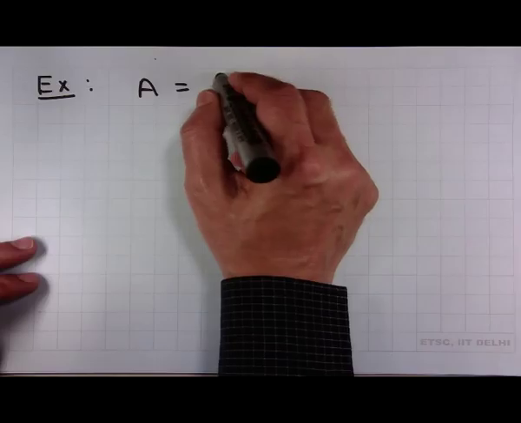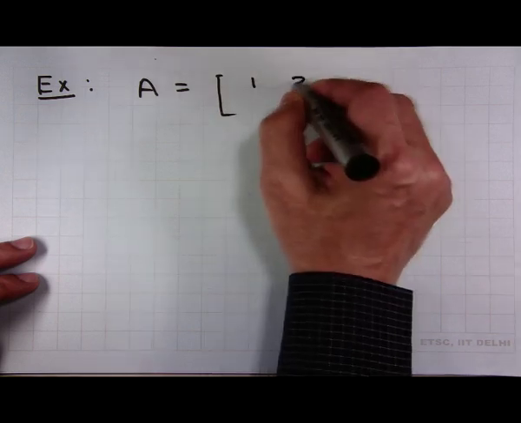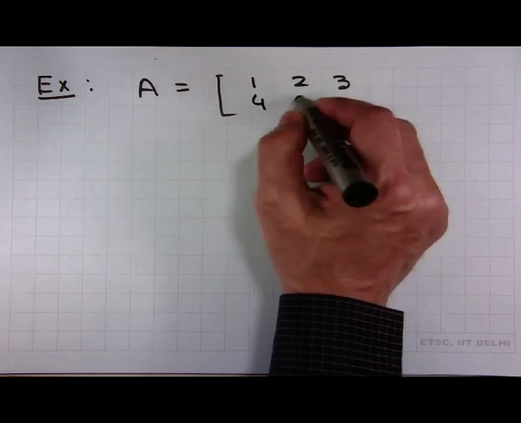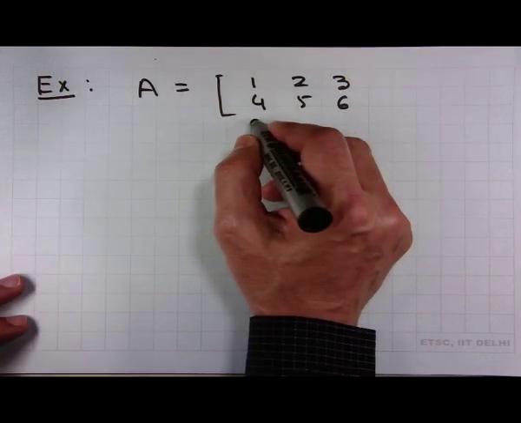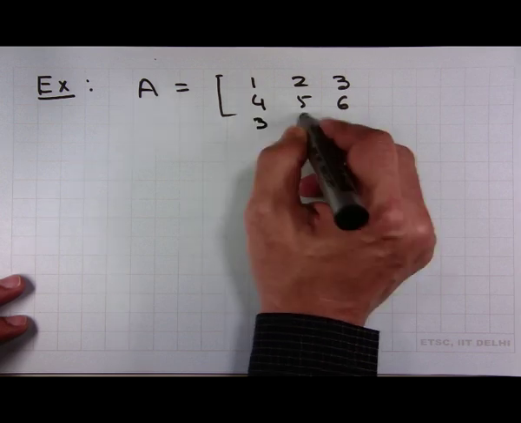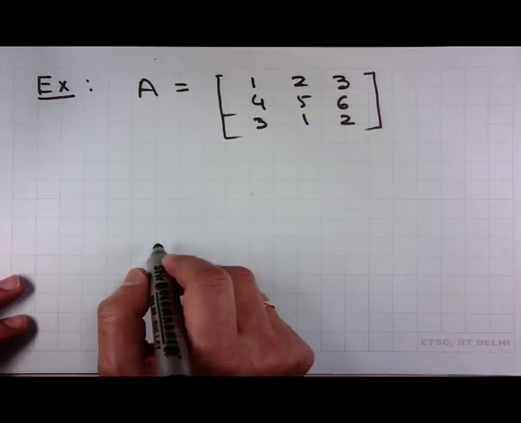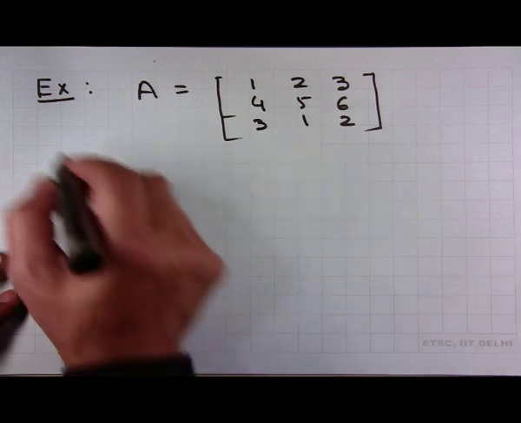Example, A is equal to 1, 2, 3, 4, 5, 6, 3, 1, 2. So, what is going to be its determinant?